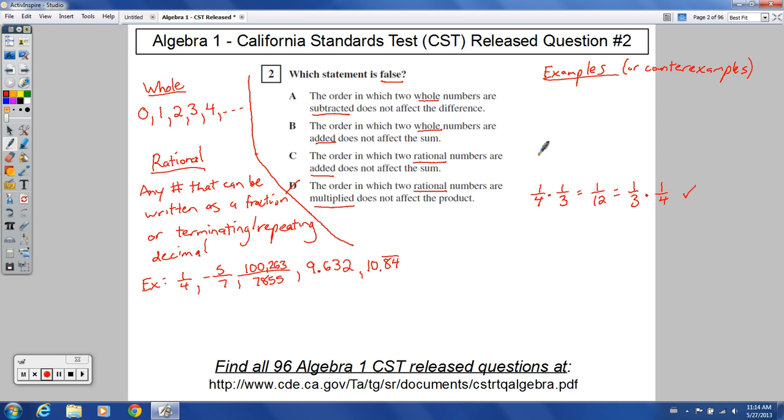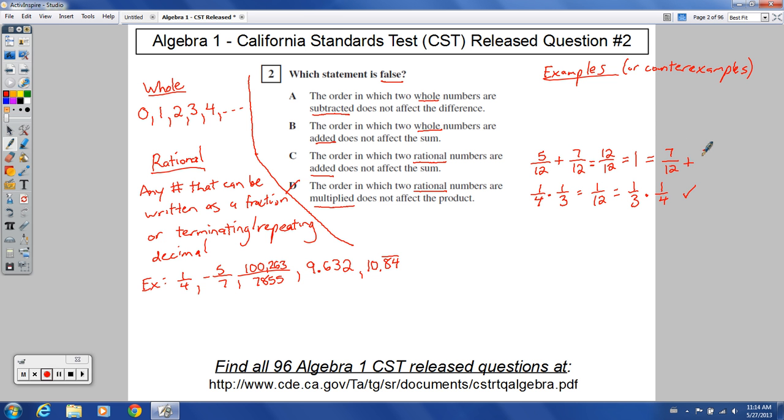If I add two things together, let's keep it relatively simple, adding 5/12 and 7/12, I have to have common denominators when I'm adding. That would equal 12 over 12, which would equal 1. But does that equal these two added together in the other order?